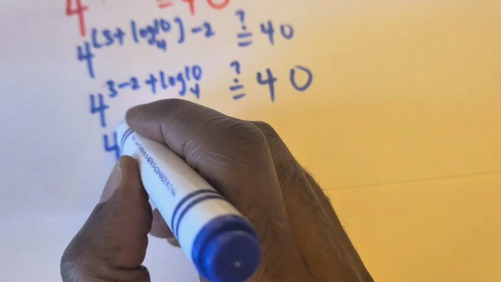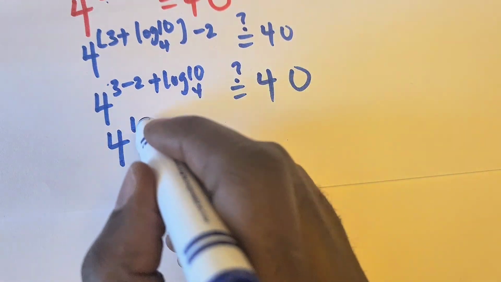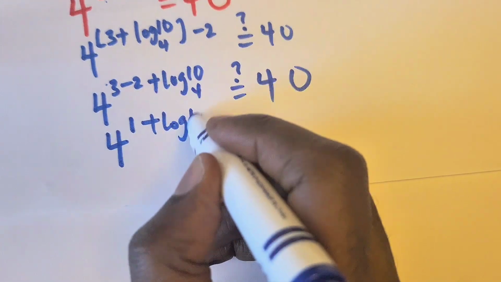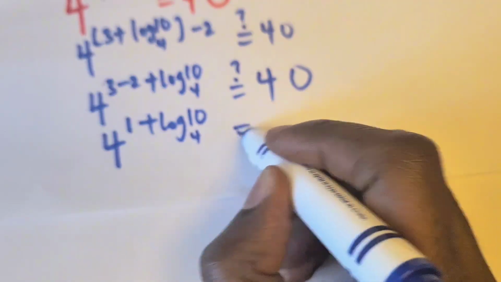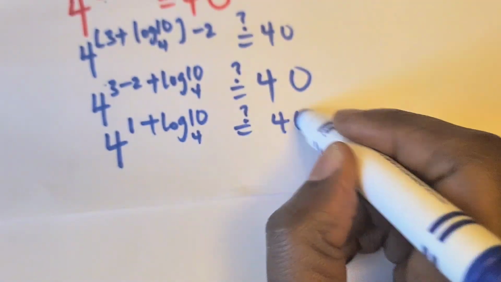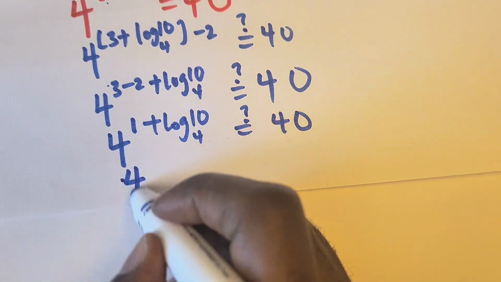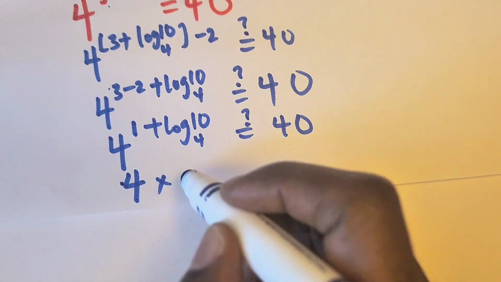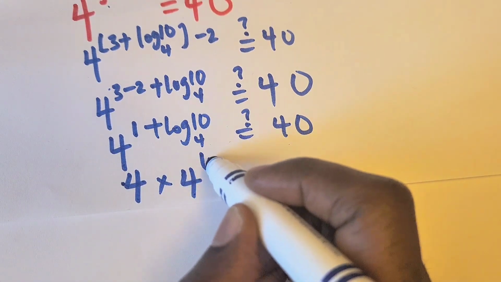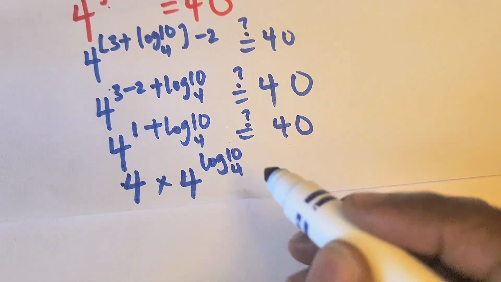So we have 4 to the power of 1 plus log 10 base 4. So we want to see if this equals 40. So by using the law of indices here, we're going to have 4 multiplied by 4 to the power of log 10 base 4.